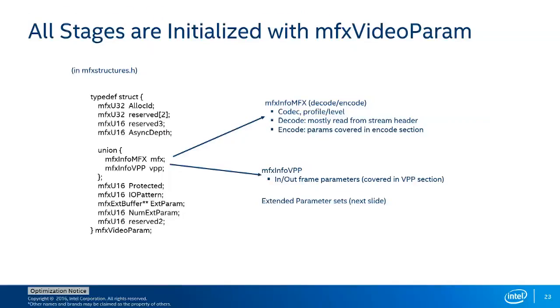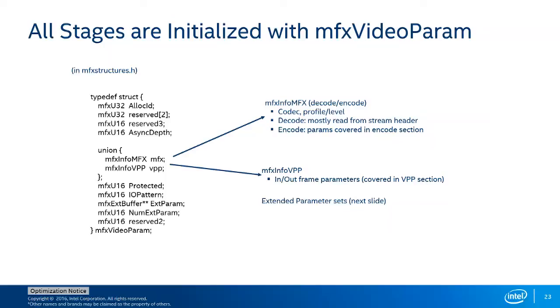From the programming interface perspective, everything's initialized with this mfxVideoParam struct. Here you just fill in some of the basic parameters like the codec and the profile, things like resolution. Decode's even easier.